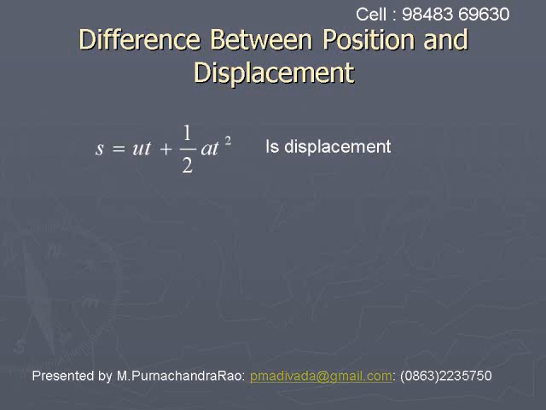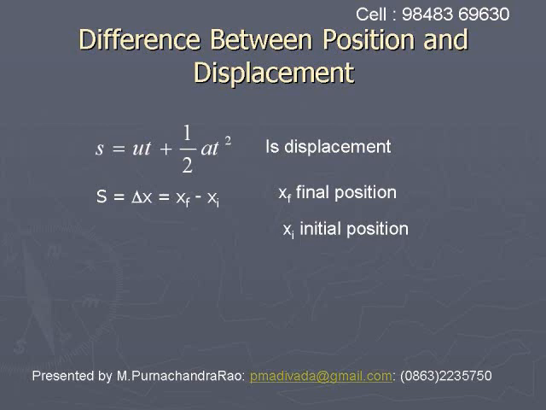Difference between position and displacement. We have the relation s is equal to ut plus half at square. Here s is displacement, which is change in position, delta x. Change in position is final position minus initial position. xf represents final position, xi represents initial position.